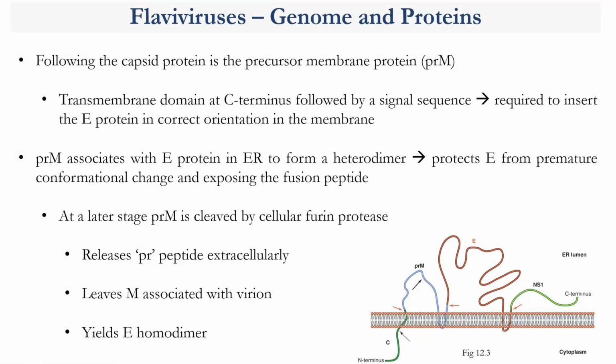after your capsid protein, so this is your capsid protein, this part right here, you also have your precursor M protein, membrane protein, okay? So it has a transmembrane domain at C terminus, followed by, again, a signal sequence.